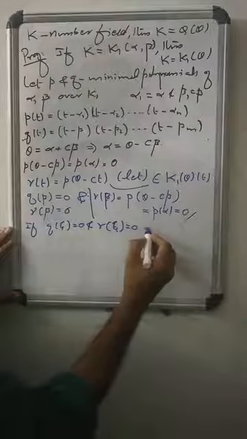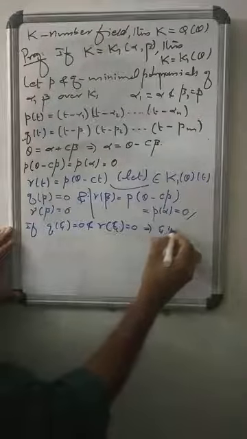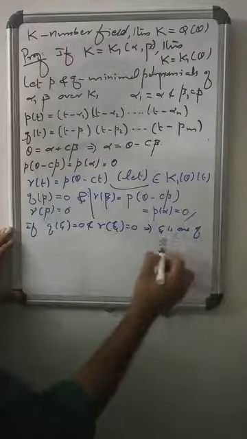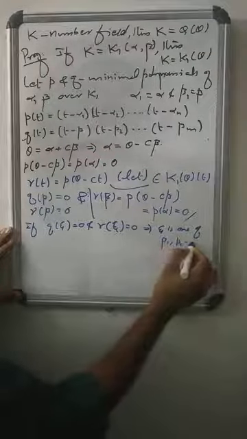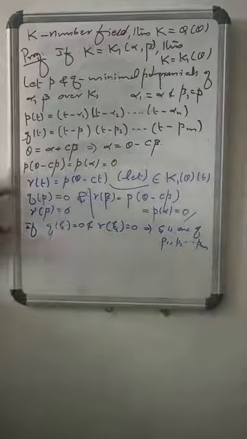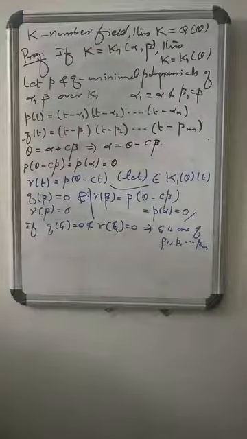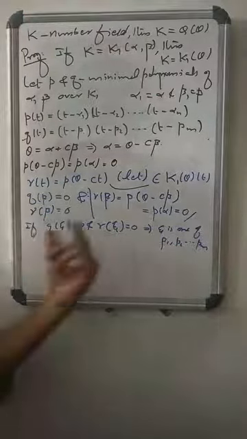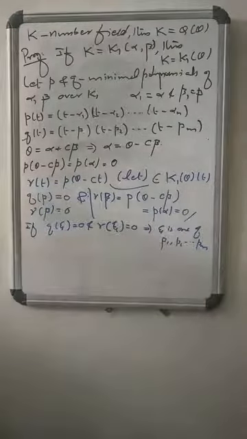That means theta is one of these beta 1, beta 2, etc., beta m, since Q of beta equals 0 and R of beta equals 0.